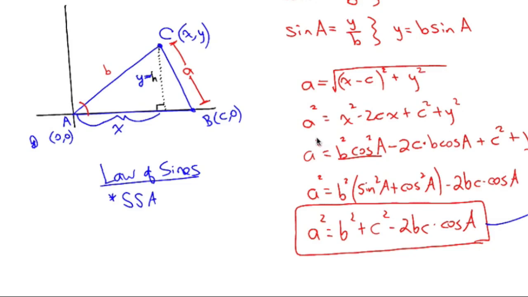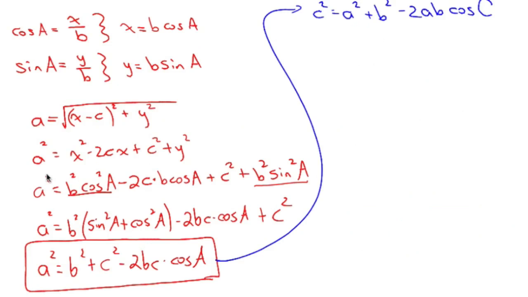Star that one. Does it work on side angle side? Or angle side angle? And that's it. Now, the law of cosines is not going to work on any of those. Well, actually it could, but we try to leave those for law of sines. Law of cosines works on the other 2.